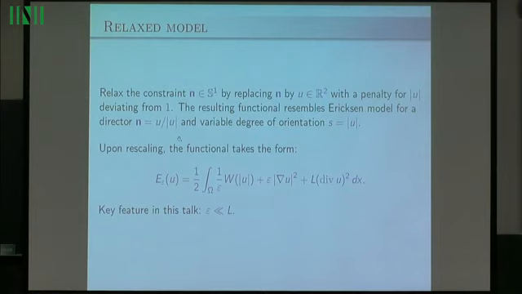And so, as I said, we end up with a Ginzburg-Landau-type model, or in a sense, an Allen-Cahn type model given the scaling here. Epsilon is going to be a small parameter. L is a coefficient of order 1. In a sense, one can think of this as a very particular choice of Ericksen's model for nematics with variable degree of orientation.